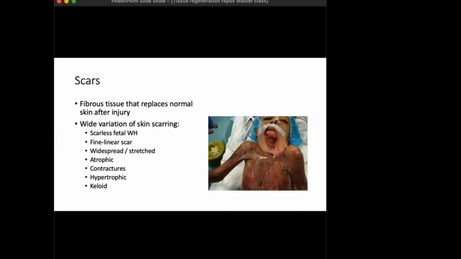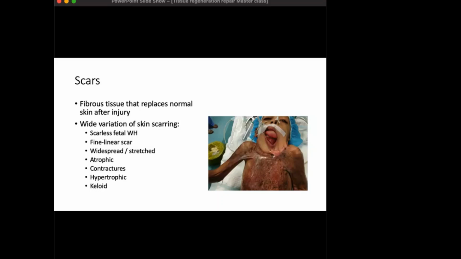A fetal wound is obviously scarless, as I mentioned, because it's a true regeneration in the fetus. But in us, you have either a fine linear scar, which is the preferable one, or a widespread or stretch scar, atrophic scar, contractures, especially in burn scars, and hypertrophic or keloid.